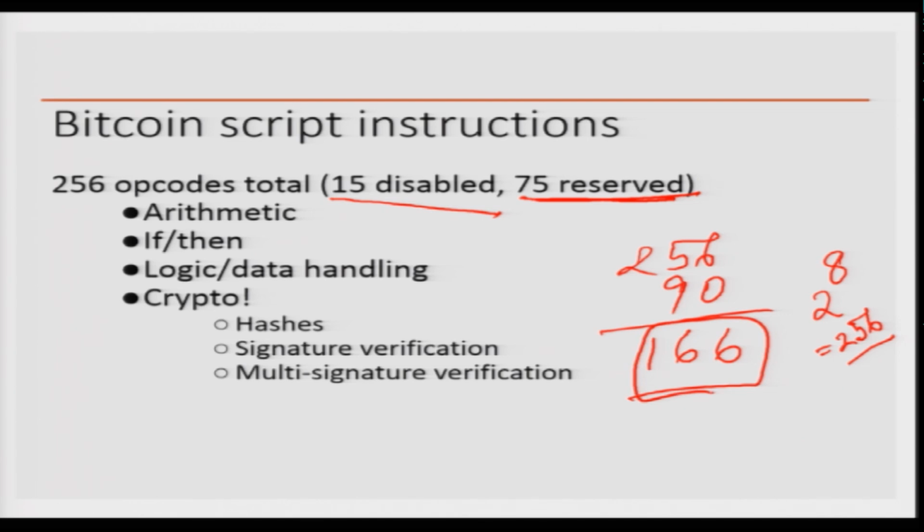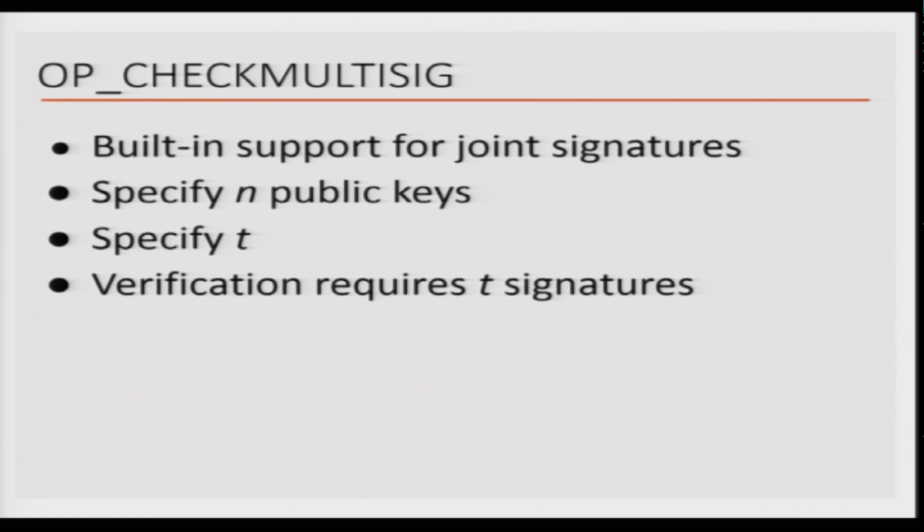Some of the opcodes are just arithmetic. In our example we did not see any arithmetic. There are also some if-then, some logic or data handling, and crypto functions like computing hash, verifying a signature, verifying multiple signatures, things like that. So, that is the very simple and small language.